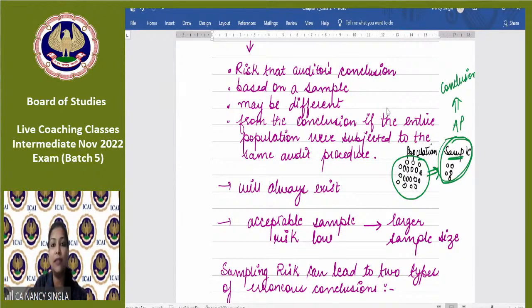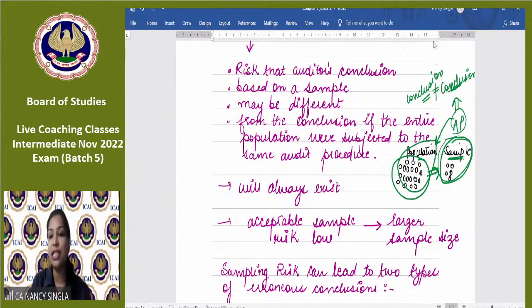If you remember, what was the objective? To draw a reasonable conclusion about the population by using sampling. That was the objective of SA 530. So whatever conclusion the auditor has drawn by applying audit procedures to the sample, if this conclusion is different from the conclusion that he would have drawn if he had applied these audit procedures on the entire population.